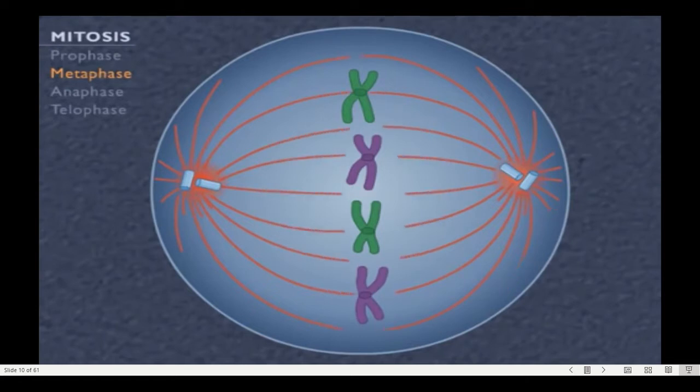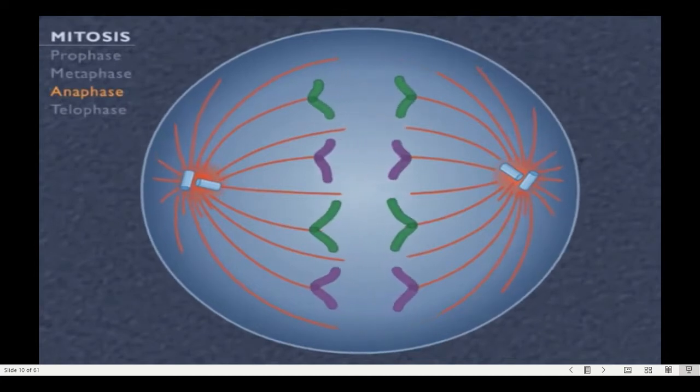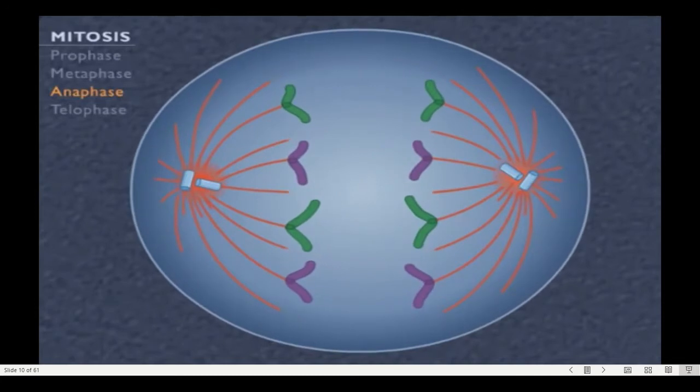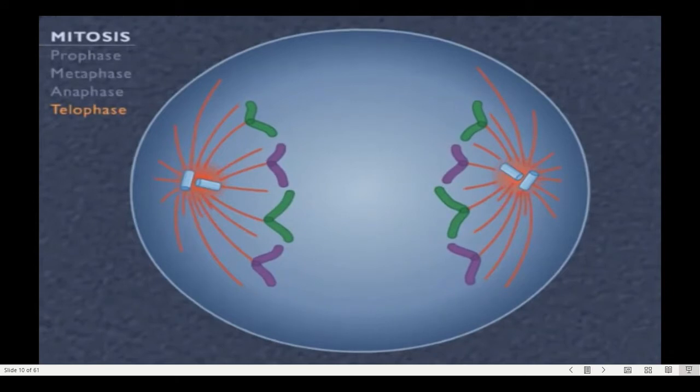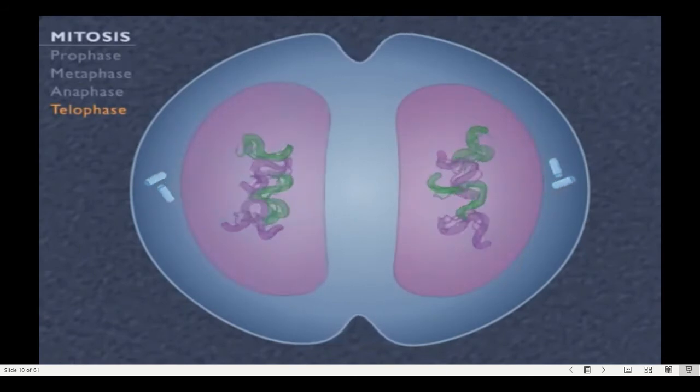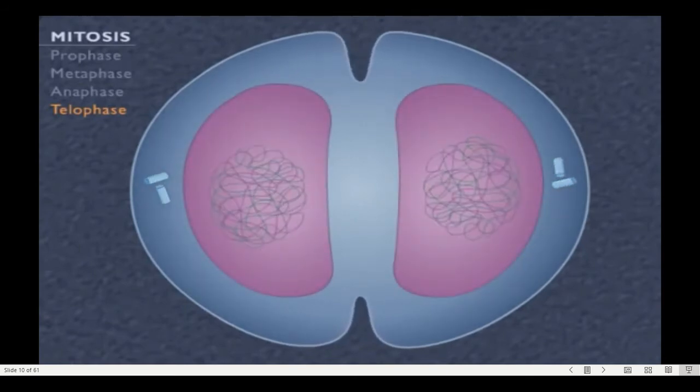The spindle is now fully formed and the microtubules attach to each sister chromatid. Anaphase begins when the sister chromatids of each chromosome begin to separate. The centromere that holds sister chromatids together divides, and the chromosomes move away from each other along its spindle fiber. In telophase, the two groups of chromosomes reach the opposite ends of the cell. As a new nuclear envelope starts to form around each group, the chromosomes uncoil and the spindle disappears.